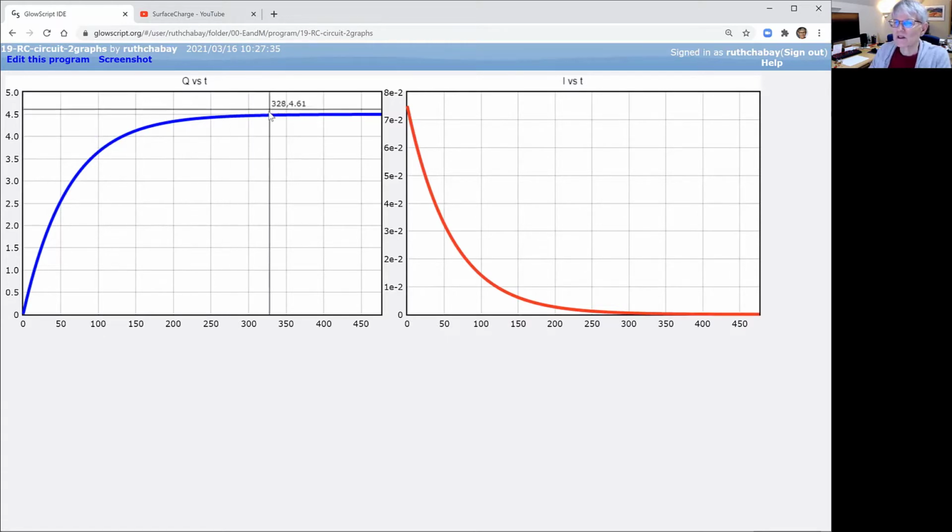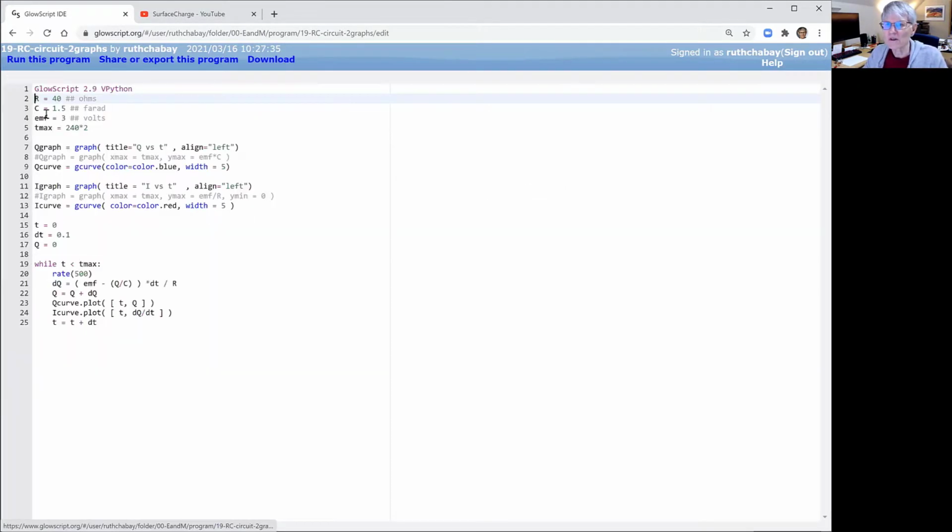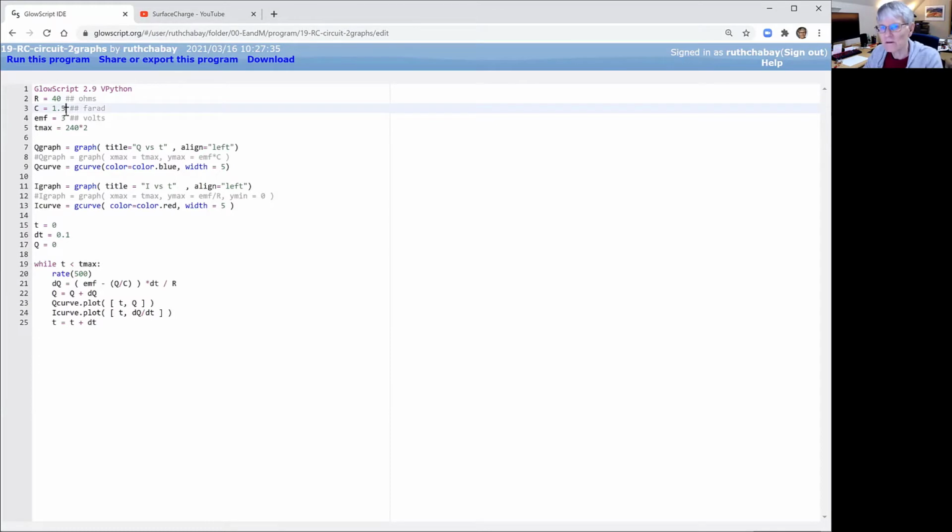Now notice that there would be a huge amount. If we use 2 batteries and a 1.5 farad capacitor, we would end up with 4.5 coulombs of charge on the plate of that capacitor. And in fact, it's a 1 farad capacitor, so it would be a little bit less. In fact, we could change the program to make it a 1 farad capacitor.